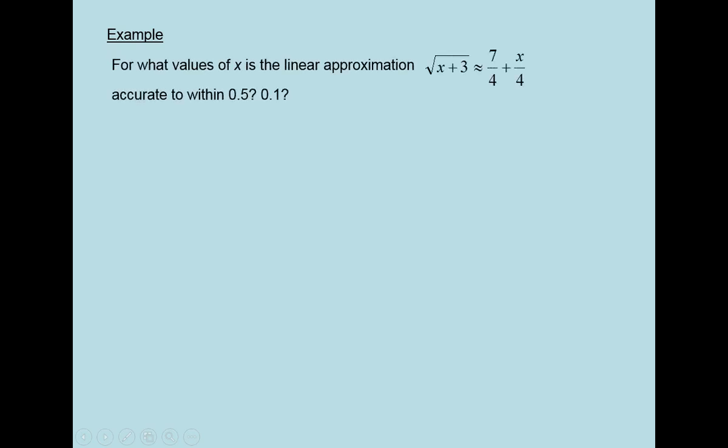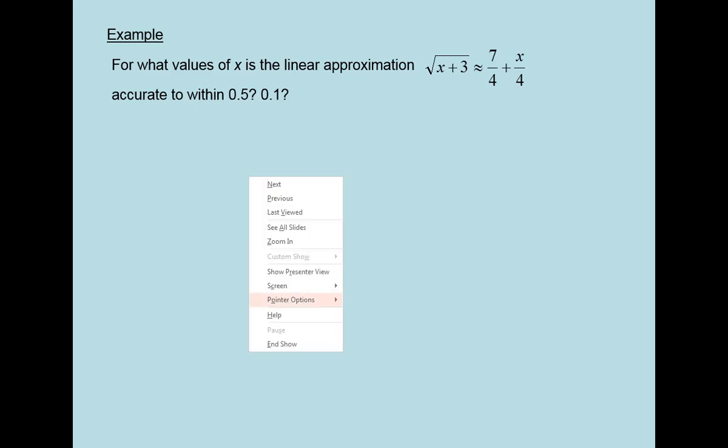For what values of x is the linear approximation accurate to within 0.5 and 0.1? Now, this is asking us to give values of x that we could plug into this linearization and have the actual answer be within 0.5 of our estimate.